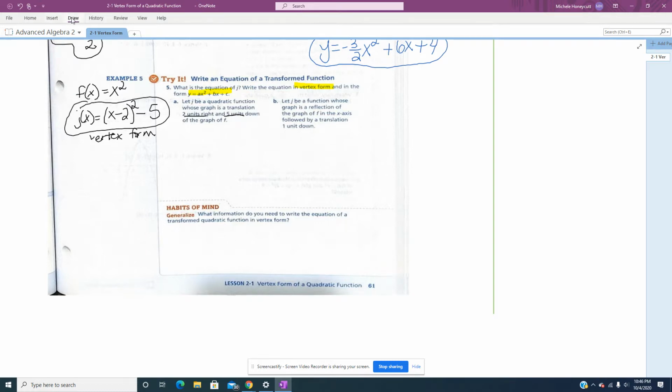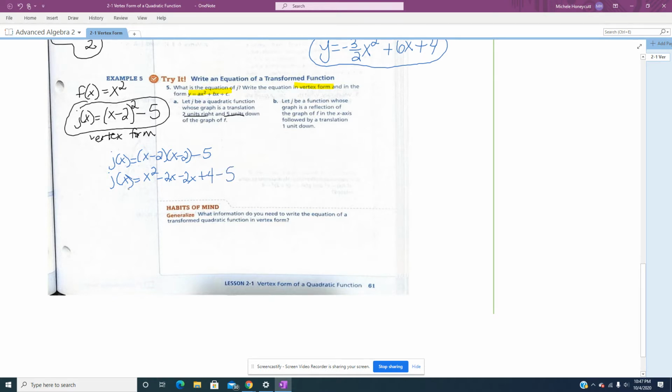Let me change my colors here. So I'm going to do some algebra here. J of x equals, I'm going to square x minus 2, which means I write it out twice. Then subtract 5. So J of x equals x minus 2 times x minus 2. I'm going to get x squared minus 2x minus another 2x plus 4, then minus the 5.